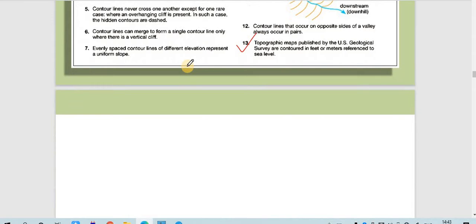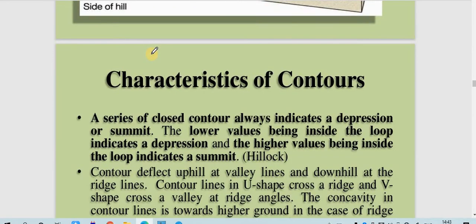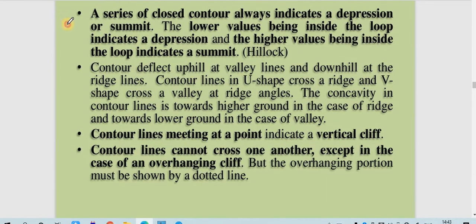Okay, the next characteristic of contour: a series of closed contours may also indicate a depression or a summit. It can be a summit, it can be a depression. The lower value being inside the loop indicates a depression.